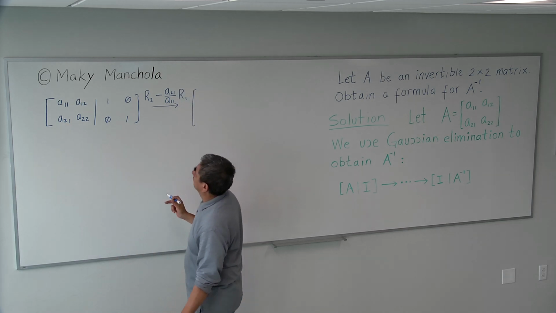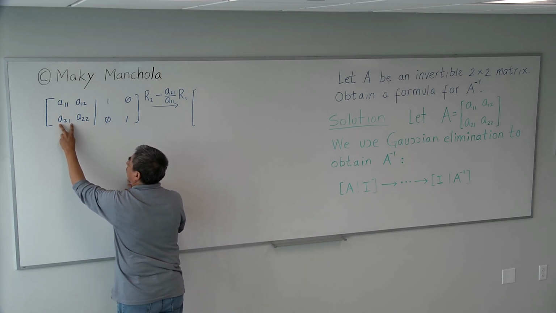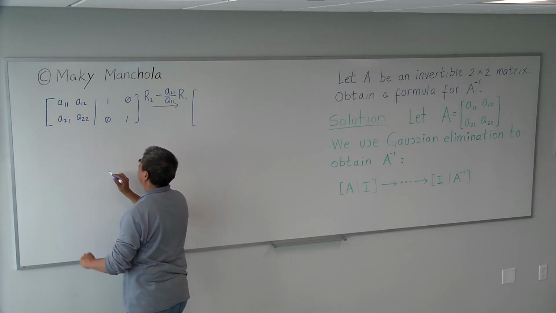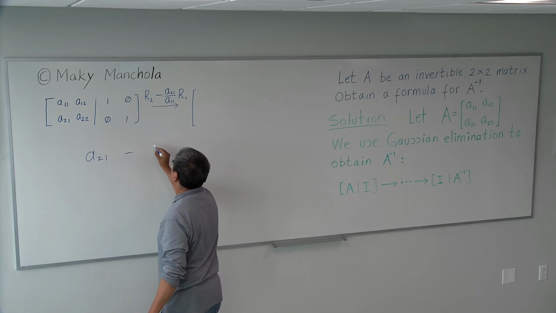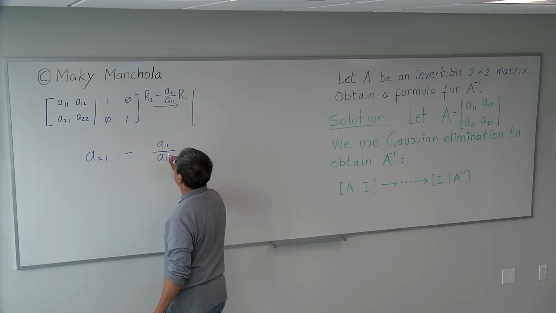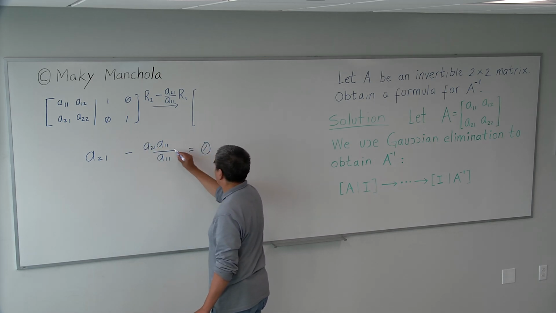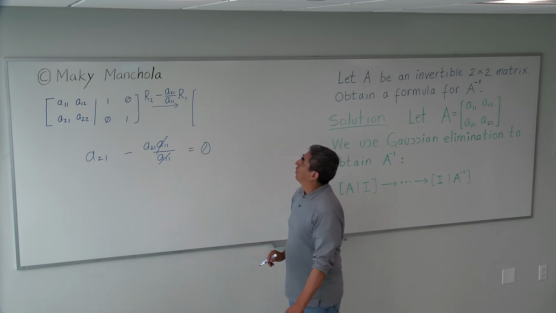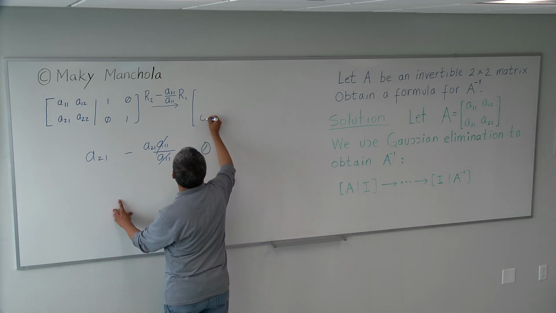Why that? In order to eliminate A21, I need to get rid of A11, which I do by dividing by A11, and I need to multiply by A21. Okay, so we get 0.